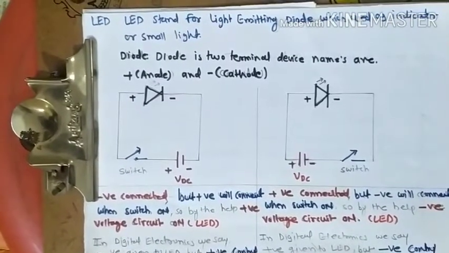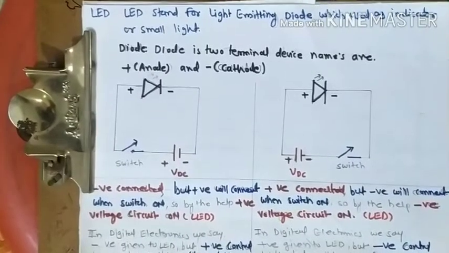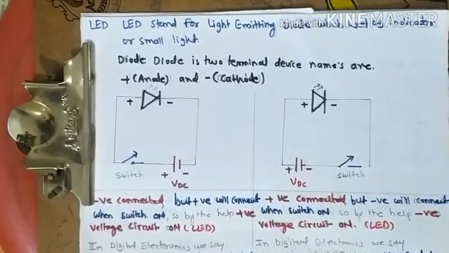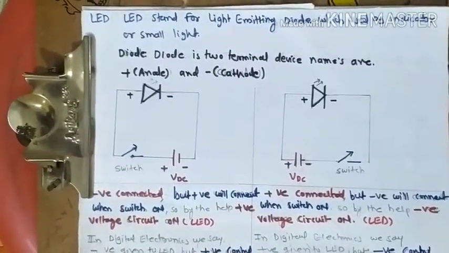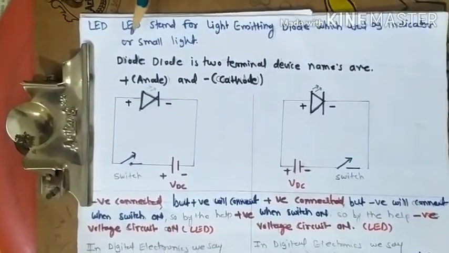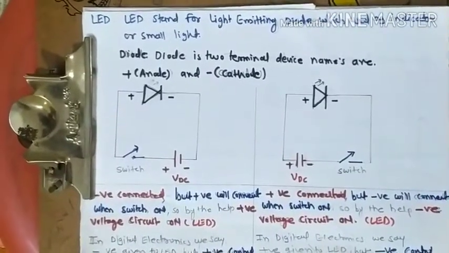Hi friends, so now we are going to understand what is meant by LED and how to interface LED with 8051. LED stands for light emitting diode, which is used as an indicator or small light in any basic circuit.